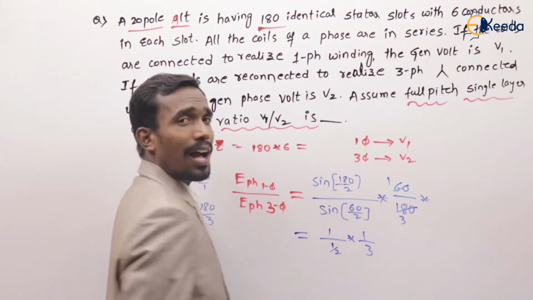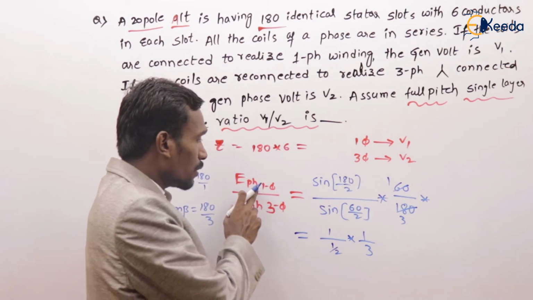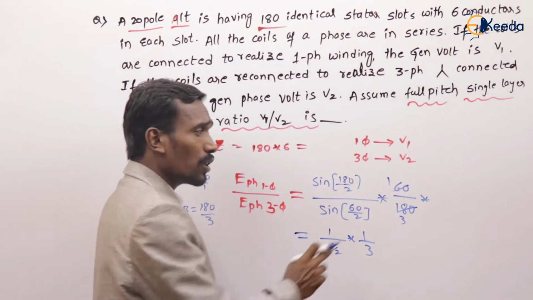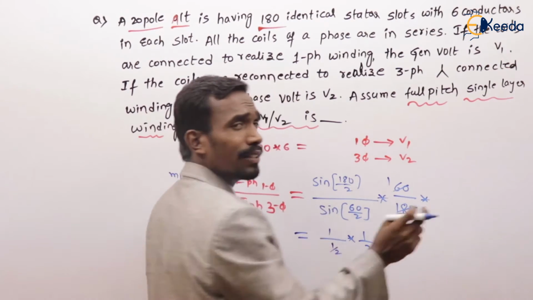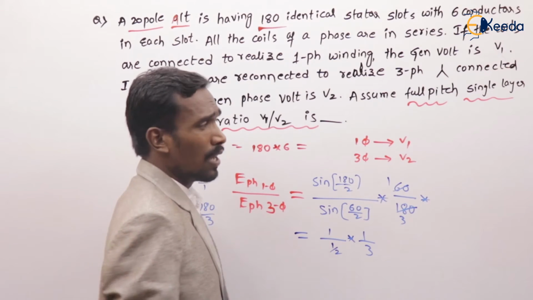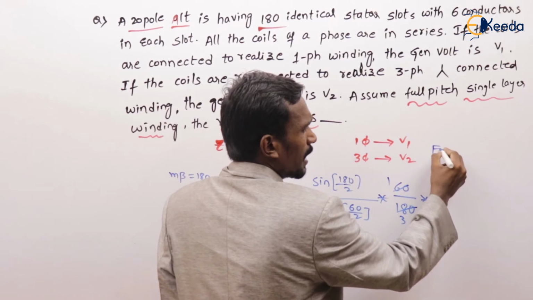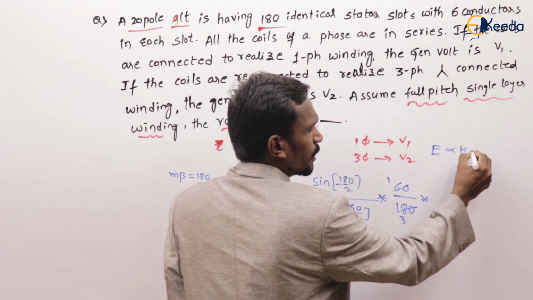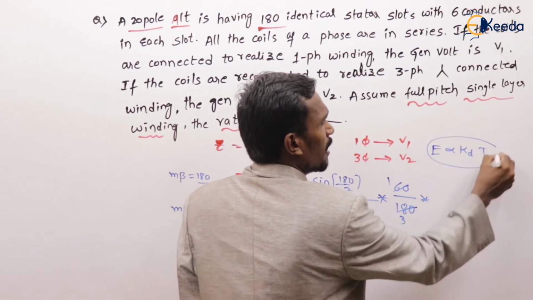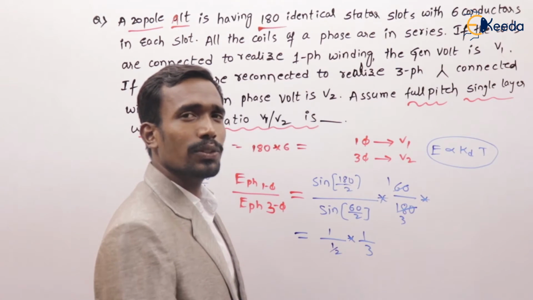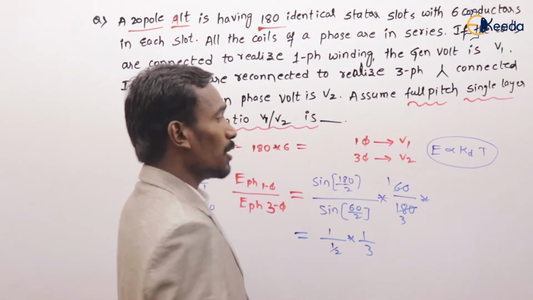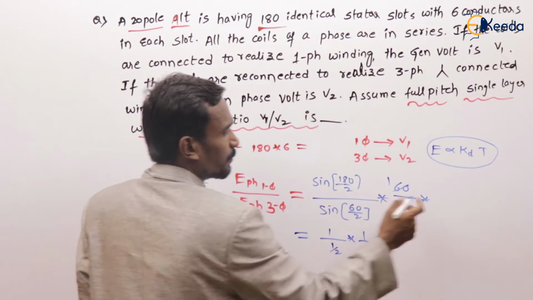And again we have to find the EMF, right? So we have to multiply with the number of turns. What is the formula actually? The EMF is directly proportional to KD into number of turns. Now tell me, what is the number of turns for this?